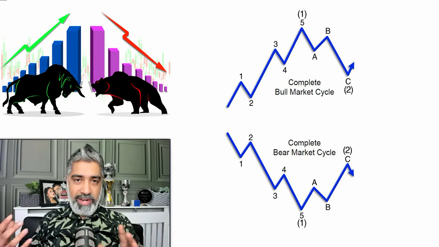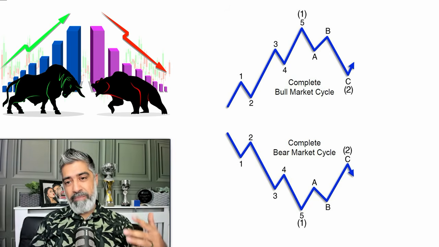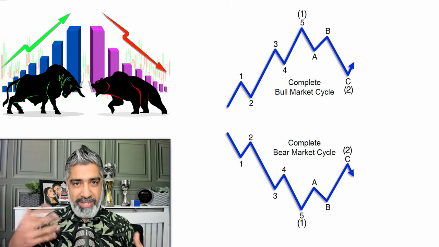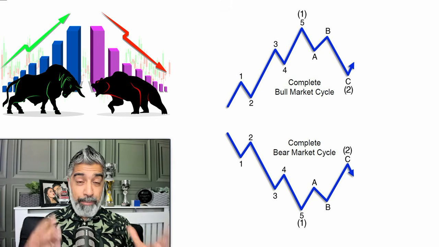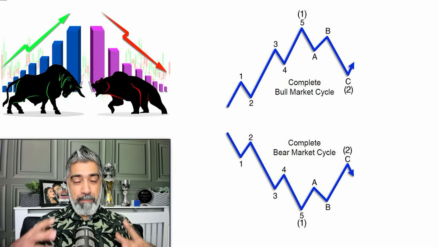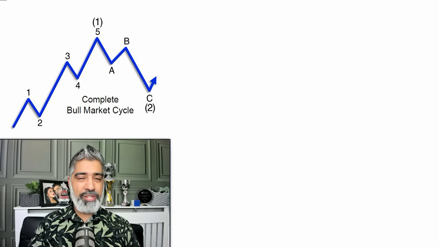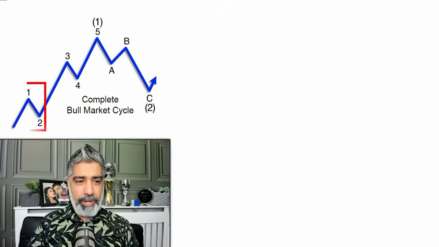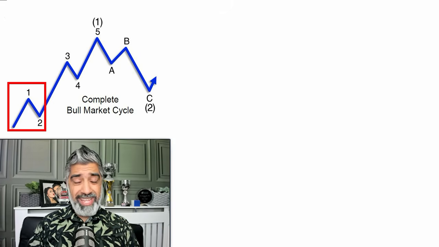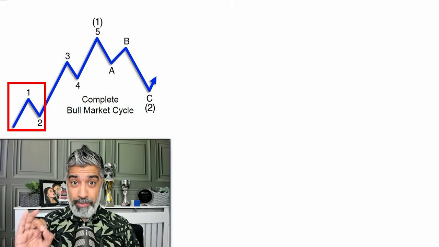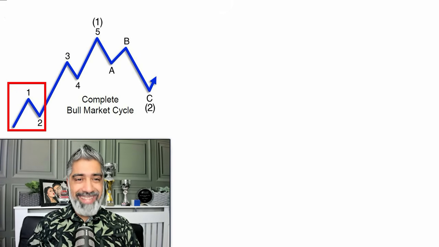And what Ralph Nelson Elliott figured out back in the 1900s is that crowd psychology repeats itself. Individuals are unpredictable, but crowd, mass herd psychology is relatively predictable. And we're going to use this information to our advantage. So when I'm looking at this, the key thing that you want to do when possible is identify the end of wave twos.